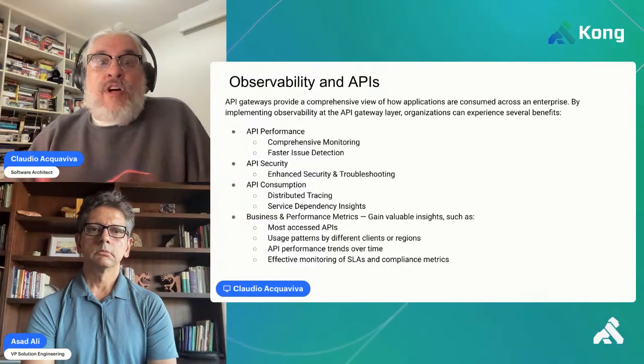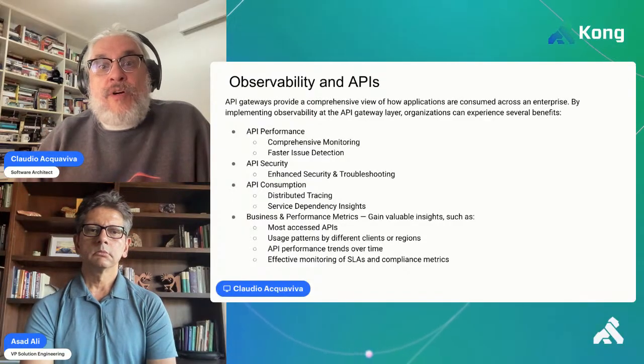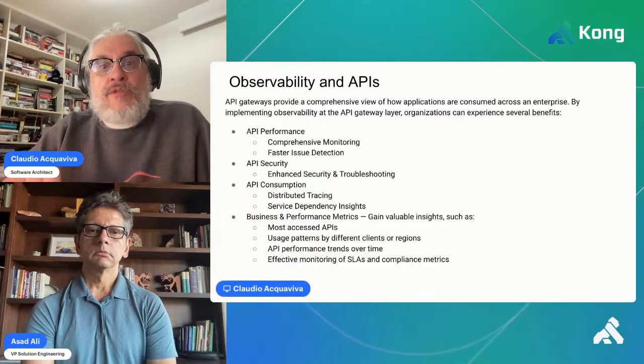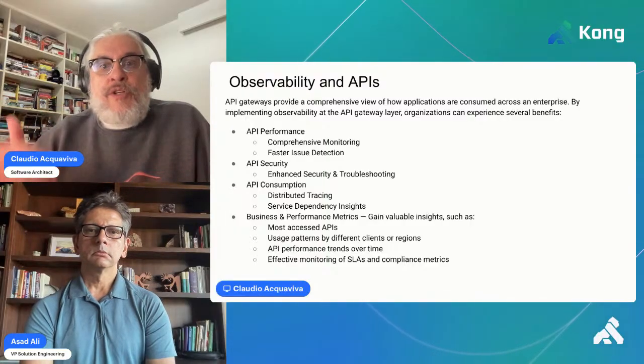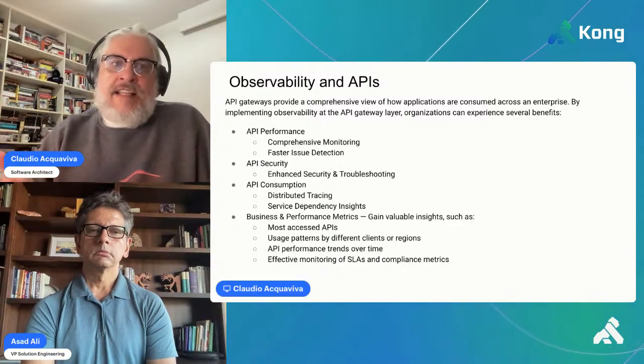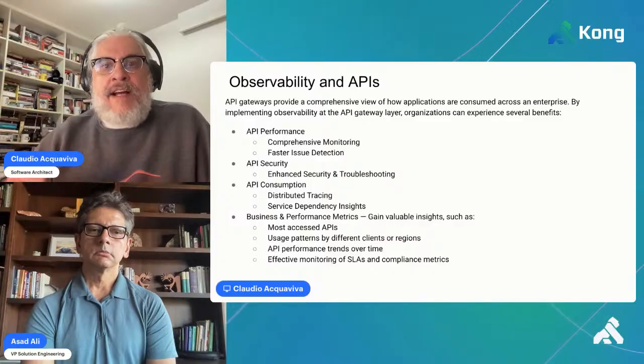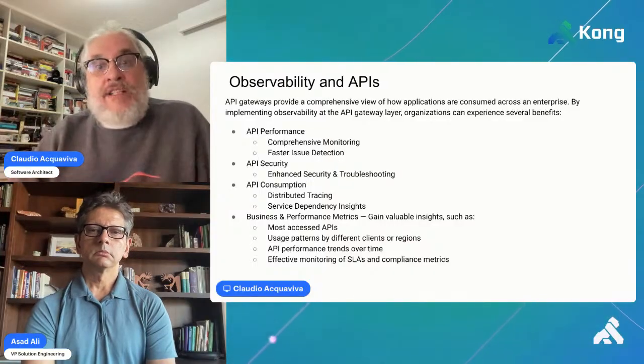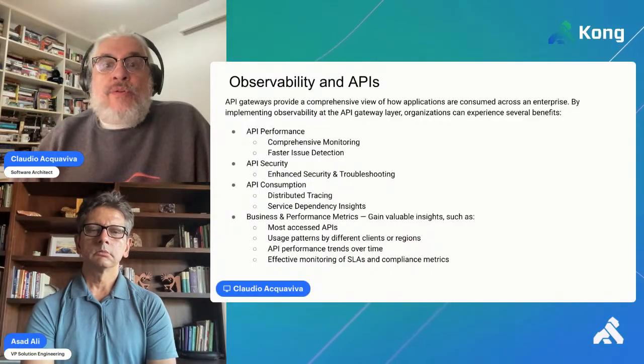The same thing when we talk about performance, as I said before, not just to identify in real time what kind of performance you are delivering right now, but actually, as Asad said, to start outlining trends over time.